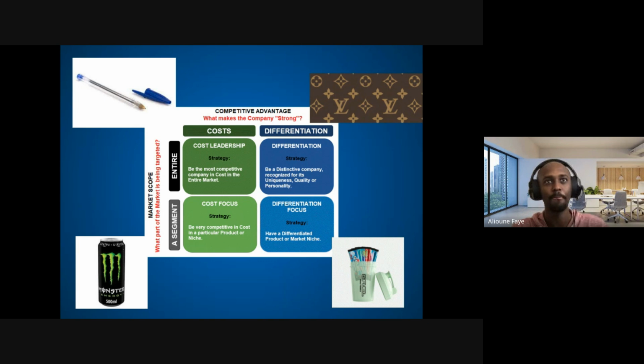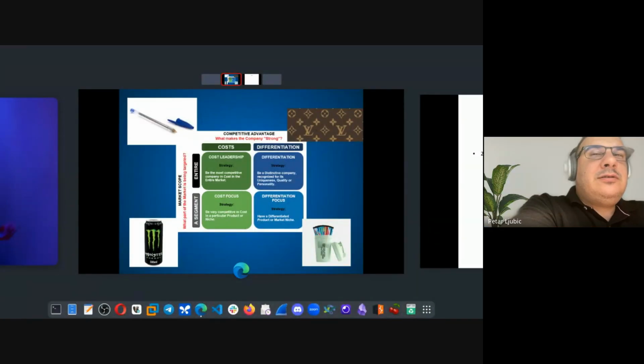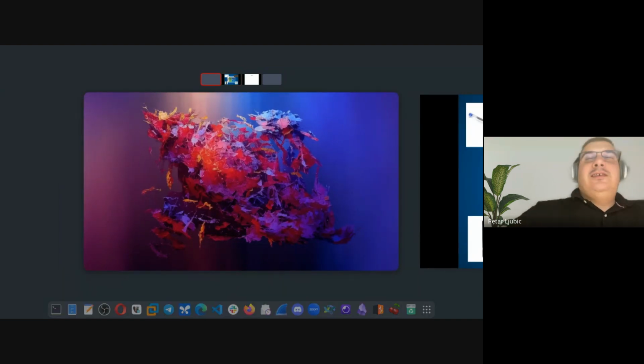Make sense for everyone? This is an example of a company that took the entire pen market, with the big pens, all the colors. What other things do they do? Shavers, Gillette for shaving, yes.